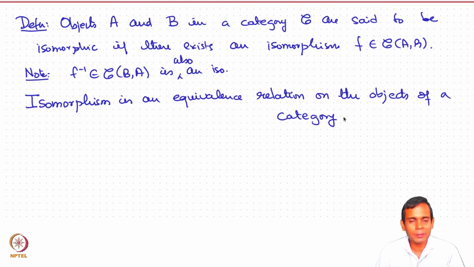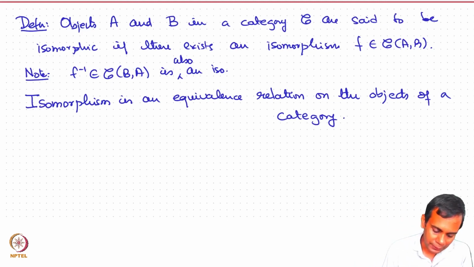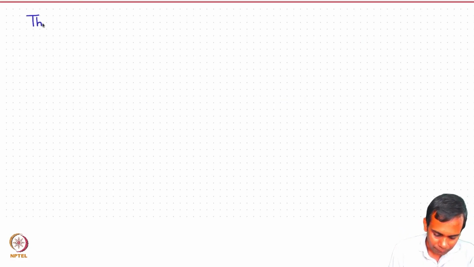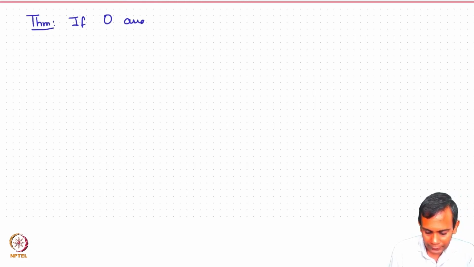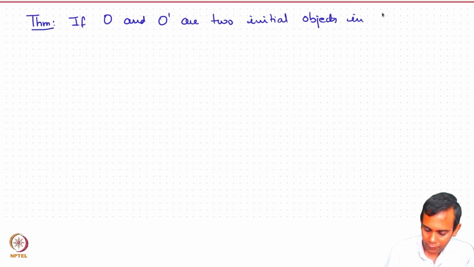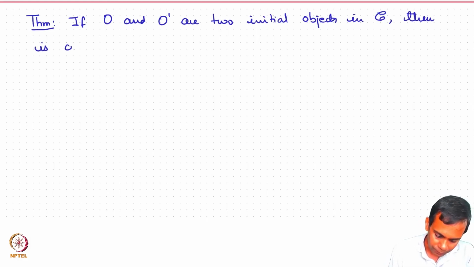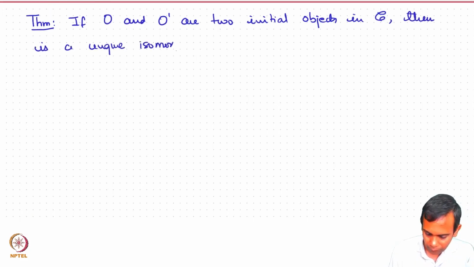However, there could be many different isomorphisms between two objects. Now, initial and terminal objects have a very special property. So let me state it. Theorem. If 0 and 0 prime are two initial objects in C, then there is a unique isomorphism from 0 to 0 prime.